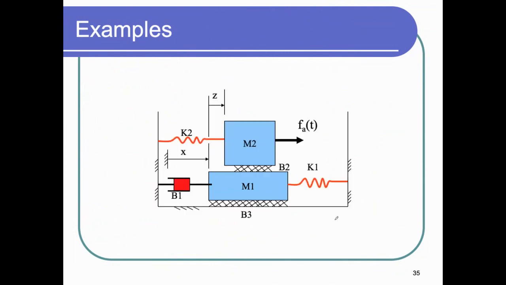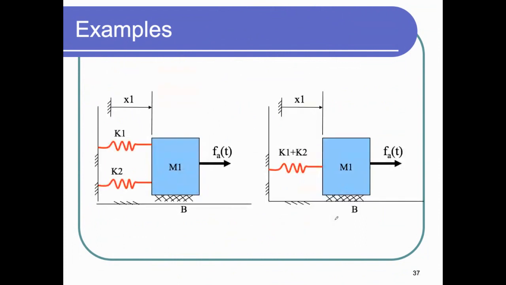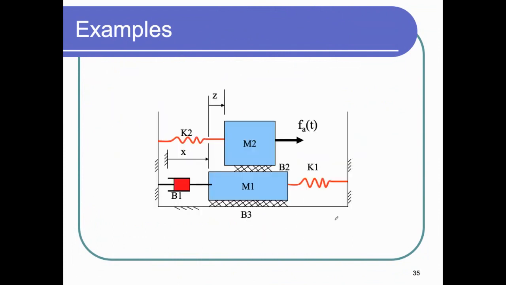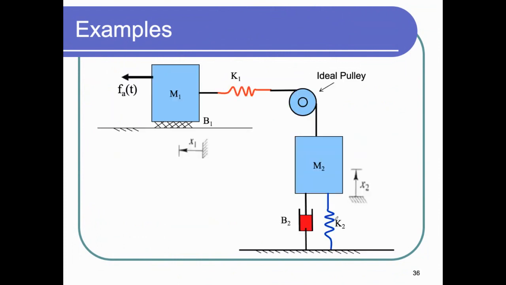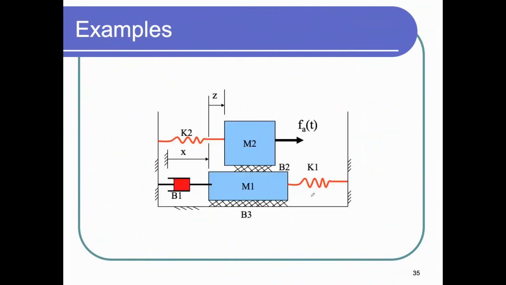Okay. So I have 2 more examples to study in this lecture. These examples are just to show you different variations of dealing with these free body diagrams, but they are not comprehensive.